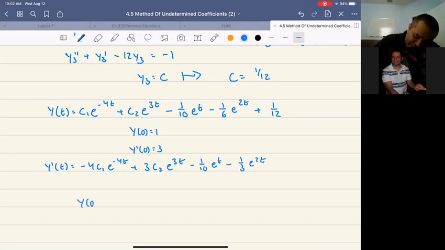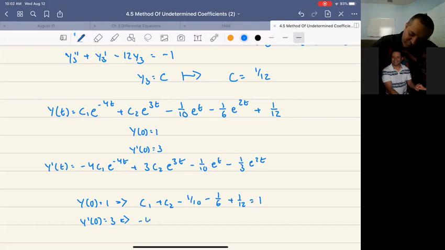Okay, so y of 0 equals 1 means we get c1 plus c2 minus 1/10 minus 1/6 plus 1/12 equals 1. y prime of 0 equals 3 means minus 4c1 plus 3c2 minus 1/10 minus 1/3 equals 3.